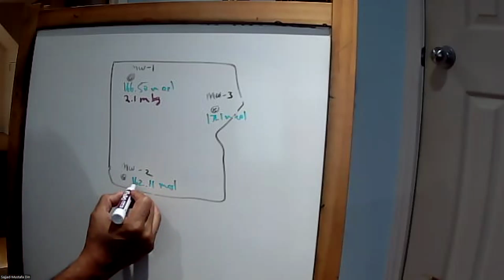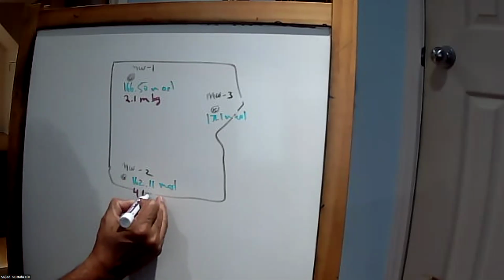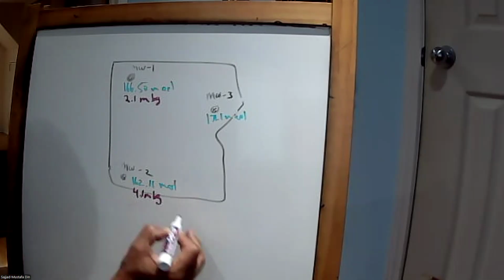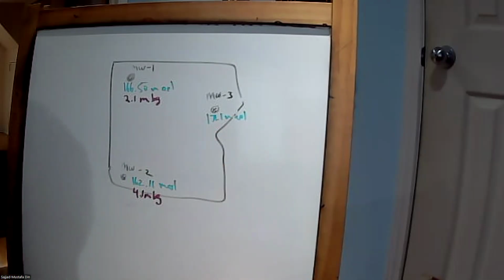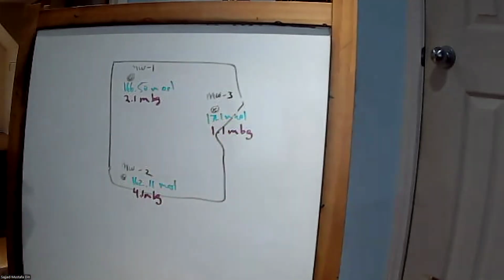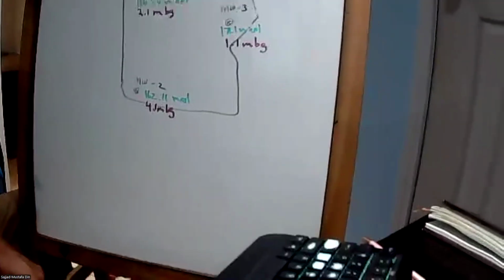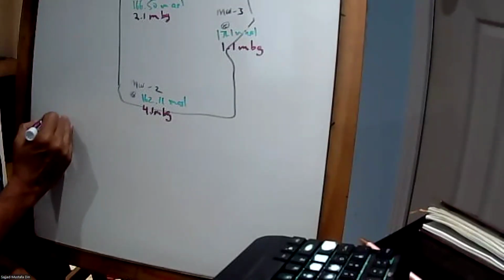Let's say here it is 4.1 meters below grade. And let's say here it is 1.1 meters below grade. You can use this information to determine the groundwater elevations. So we make a table here.